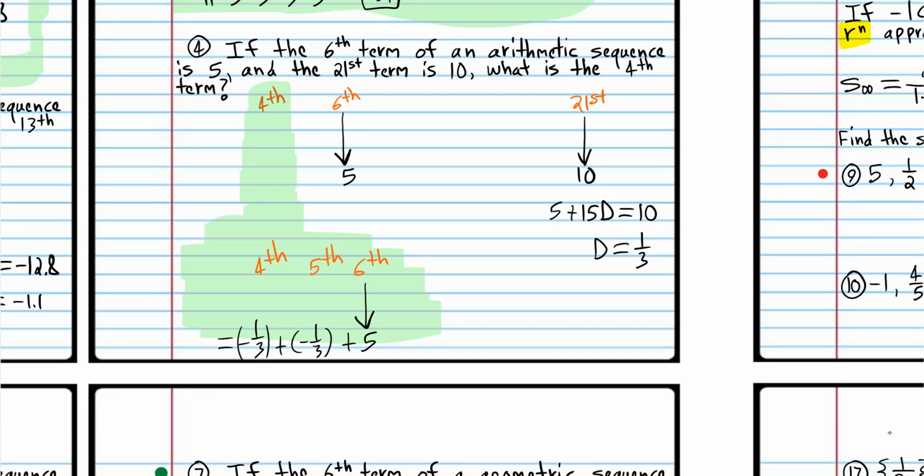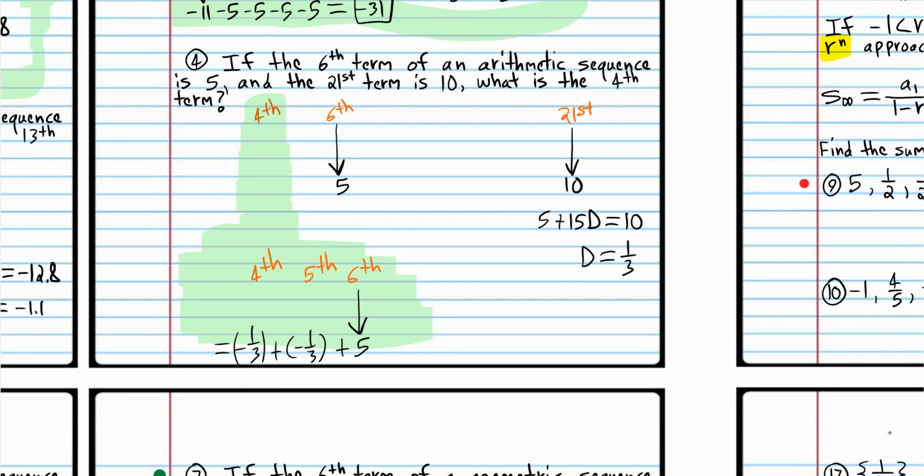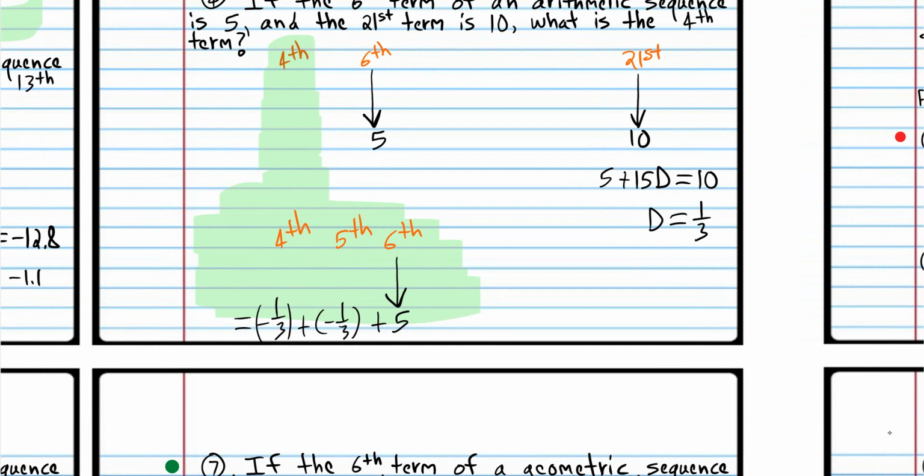Now the reason we're adding negative 1/3 is because we're going backwards. The common difference is positive, so to go to the right you would add 1/3, but if you're going to go backwards you would subtract 1/3. And if we do that, we end up with 4 and 1/3. That is the 4th term.